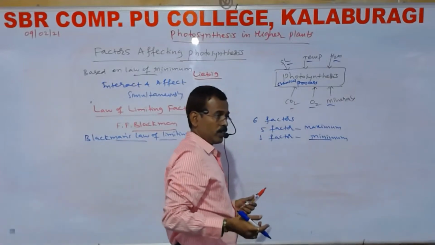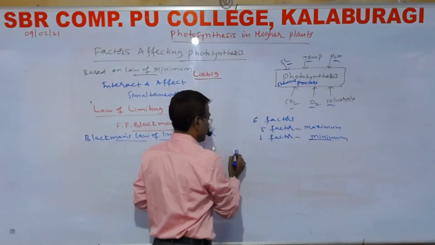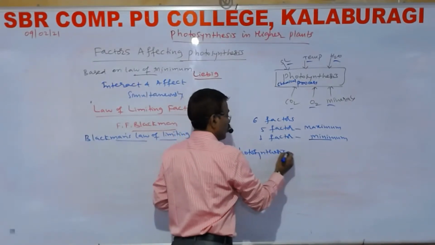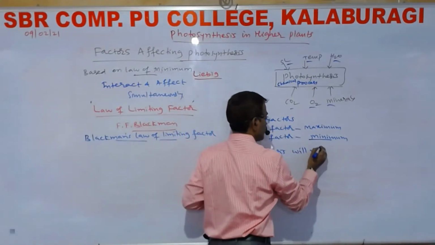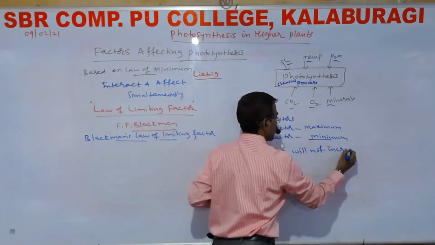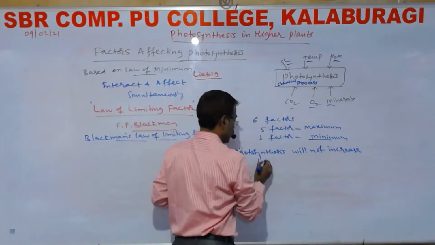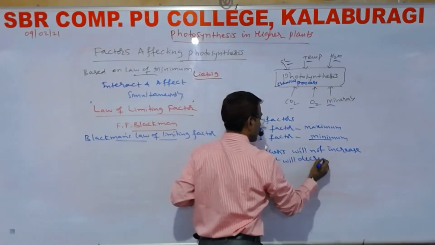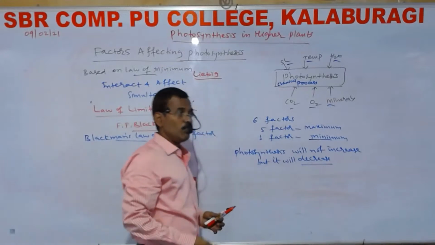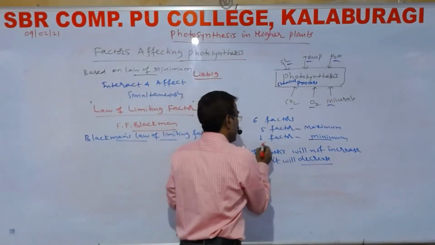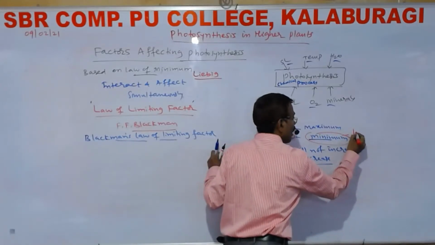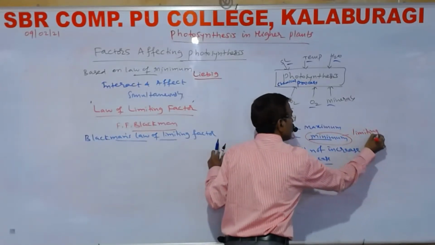What can we expect there? Photosynthesis will not increase, but it will decrease, because of the one factor present in minimum amount. This factor acts as the limiting factor.